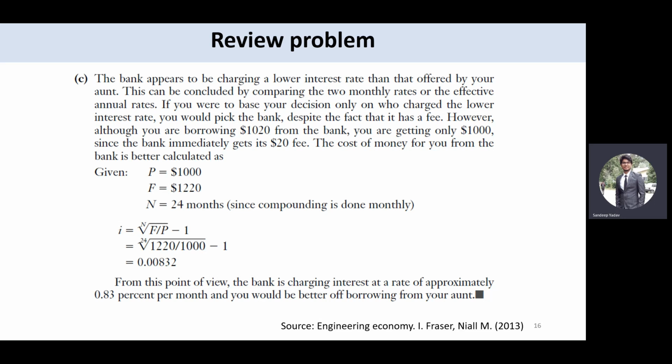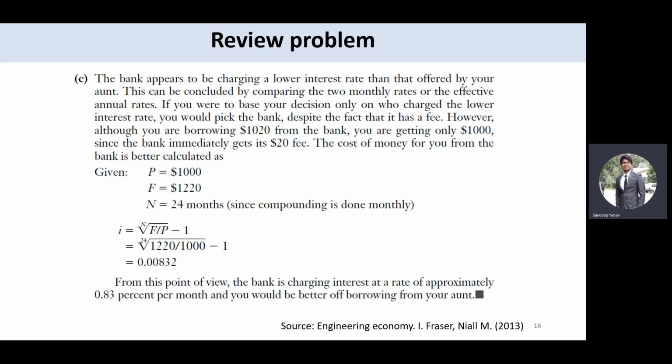Now the cost of money for you from the bank is better calculated with P as the principal you're getting, which is 1,000, and the amount you have to pay is 1,220. Now if you calculate the interest effectively, we can see that the bank is charging interest at a rate of approximately 0.83% per month, and you would prefer borrowing from your aunt.